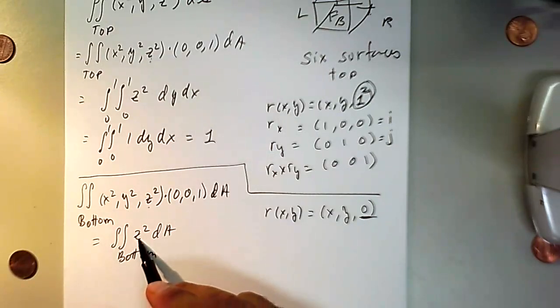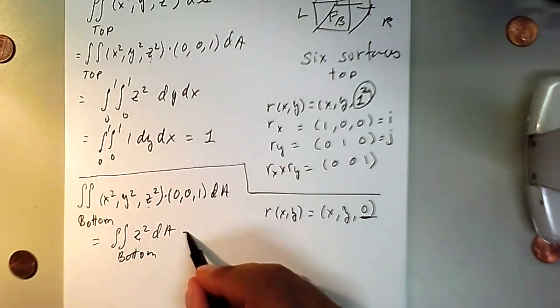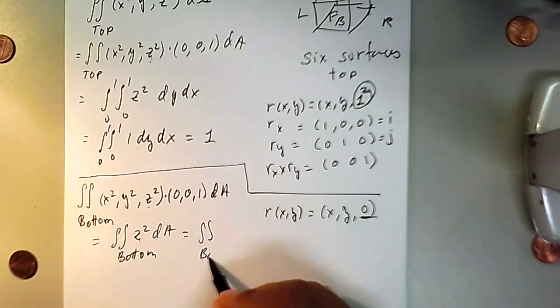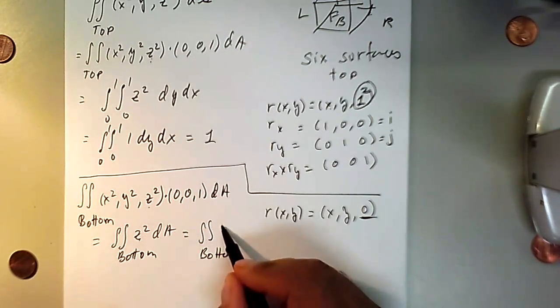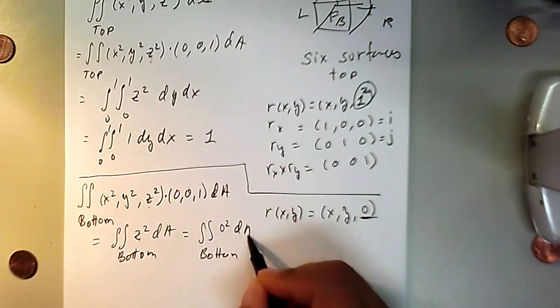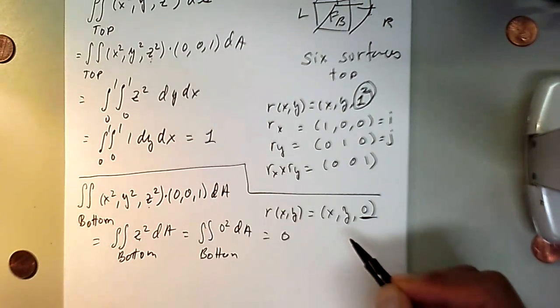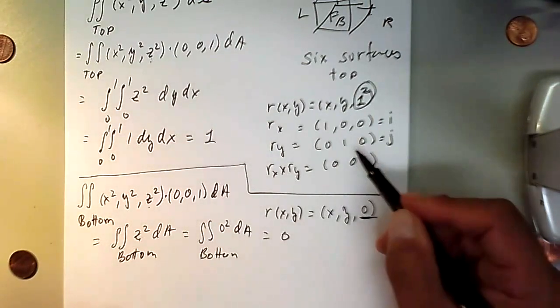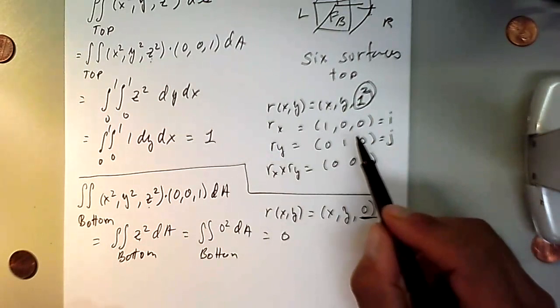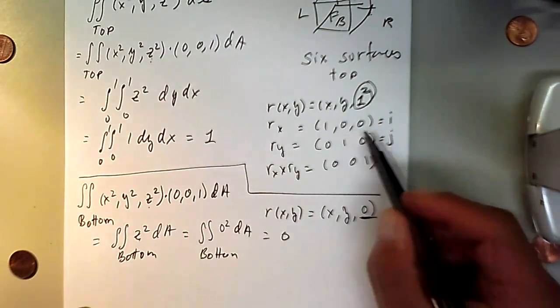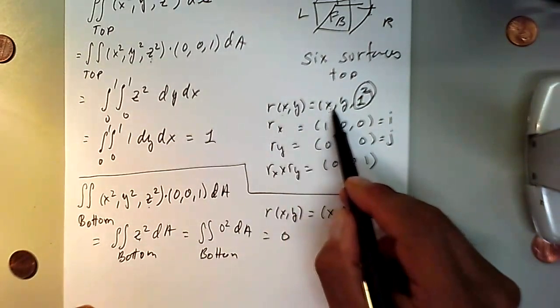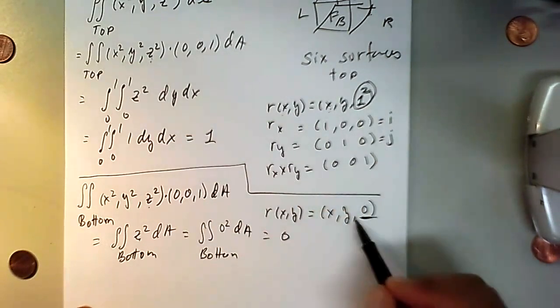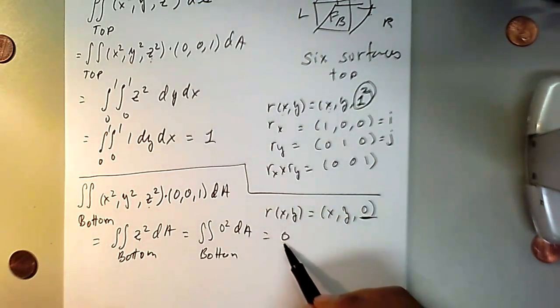So this is the double integral over the bottom of 0 squared with respect to the area, and that's going to give us 0. So we piggybacked on the top because the parameterization was very much the same, except that this one has 1 and this one has 0. And that caused this guy to be 0.